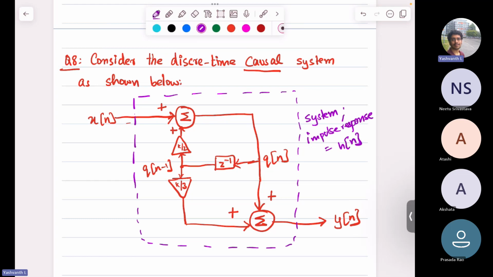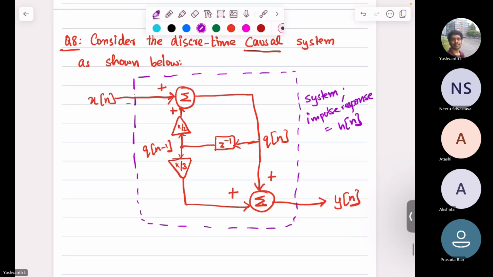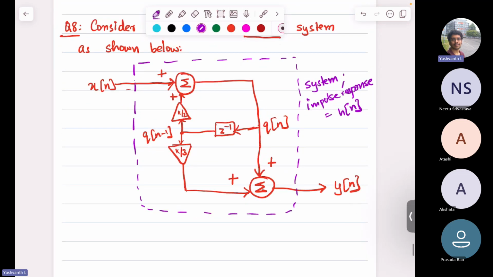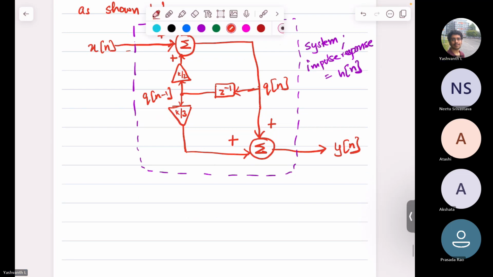This is how your signal is getting operated on by the system. The question is, it's a discrete time causal system. For what values of k is the system BIBO stable?